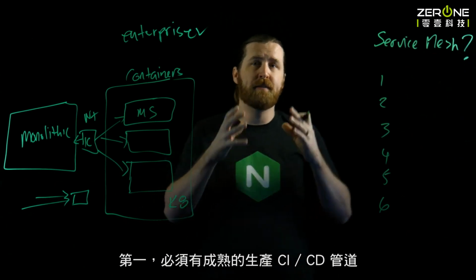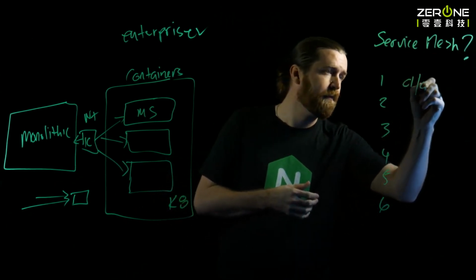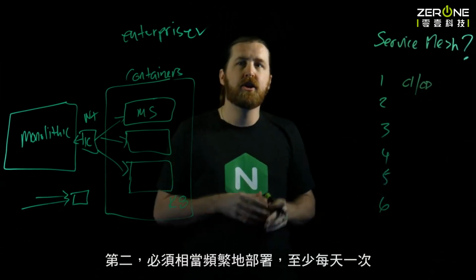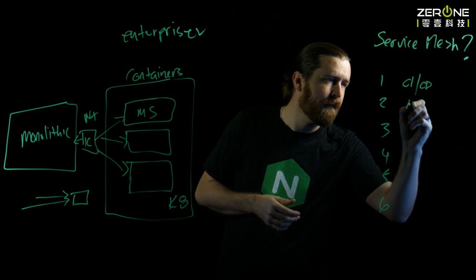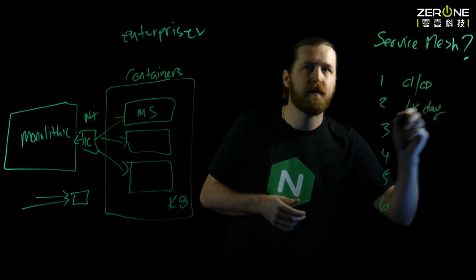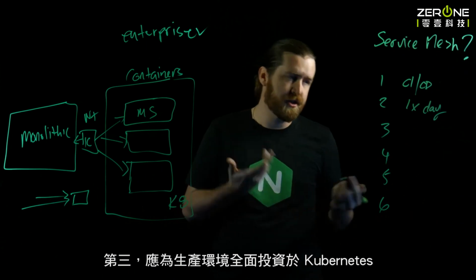First, you have to have a mature production CI/CD pipeline. Second, you must be deploying fairly frequently, at least one time a day. Third, you should be fully invested in Kubernetes for your production environment.